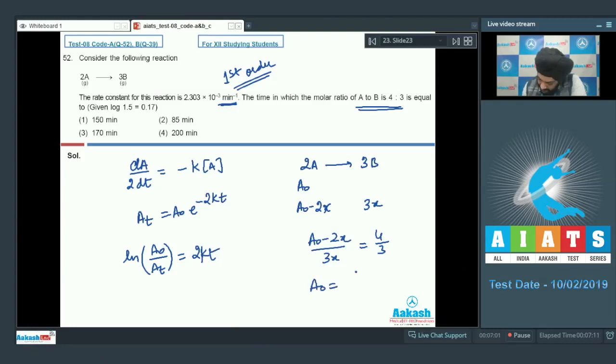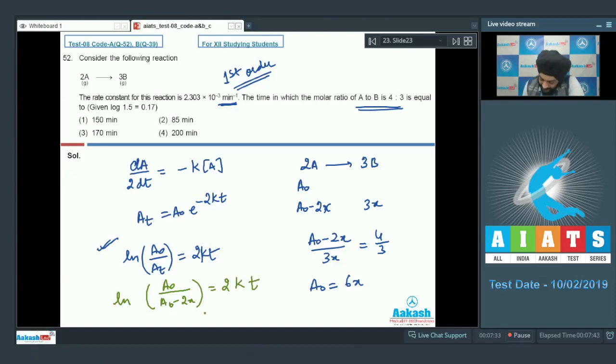It implies that A_0 is equal to 6x. So now if we put the value of x in terms of A_0 in the expression which we had derived before, we can see that we're going to have ln of A_0/(A_0 - 2x) shall be equal to 2 times k times t.